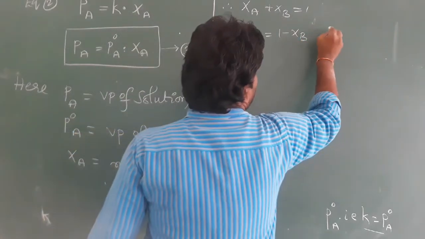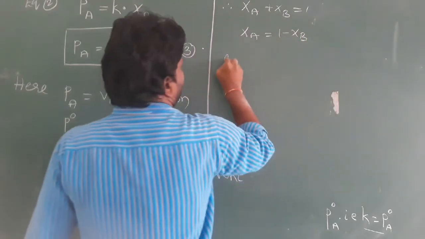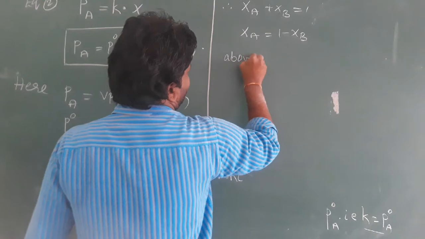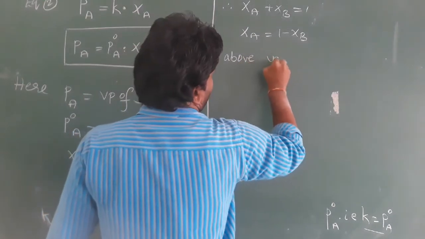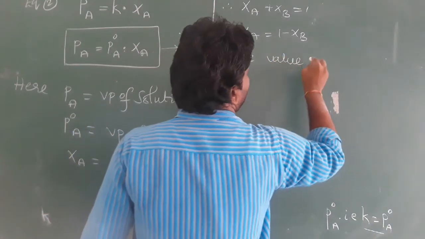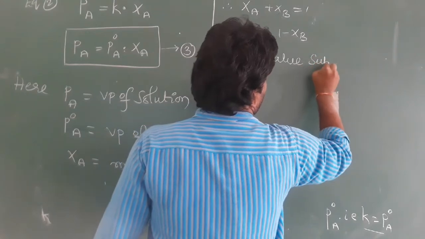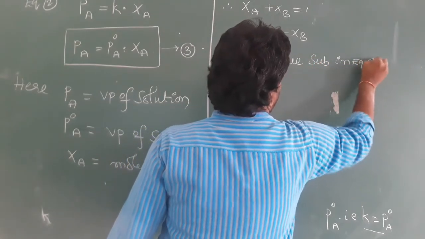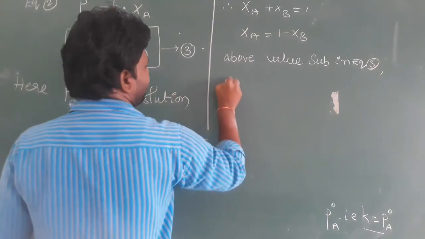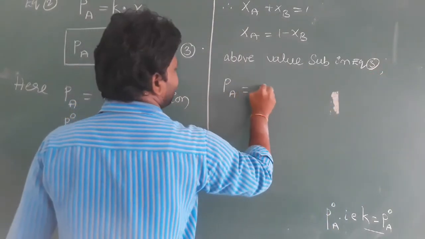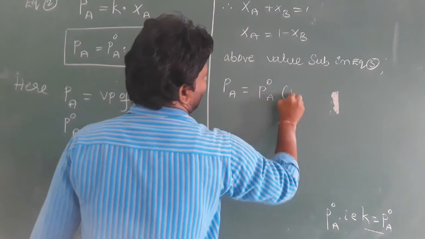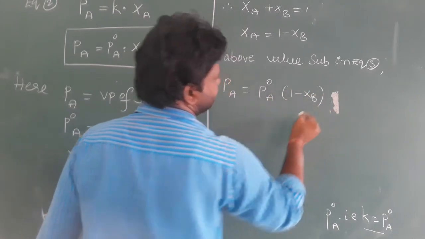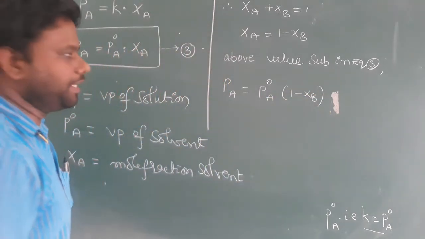So this value is substituted in equation 3. Then what happened? Pa is equal to P naught A into (1 minus XB).